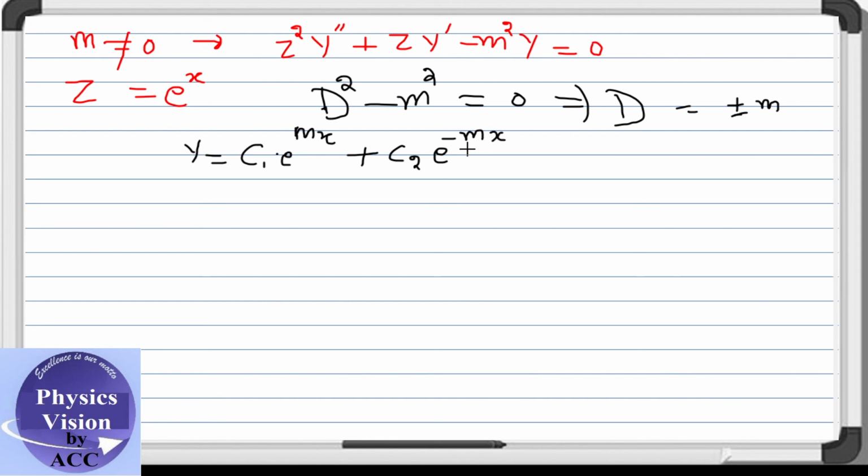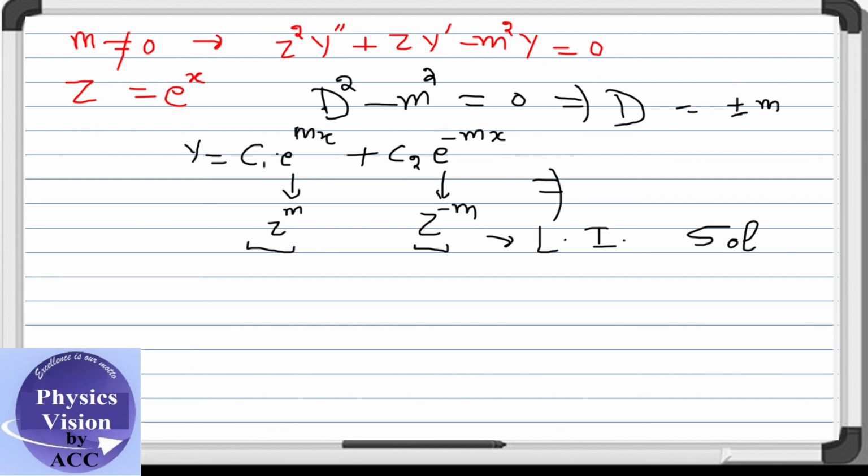This is the way we write down the solution of the differential equation. This is z raised to the power m, and this is z raised to the power minus m. Hence we can write that z raised to the power m and z raised to the power minus m are the linearly independent solutions.